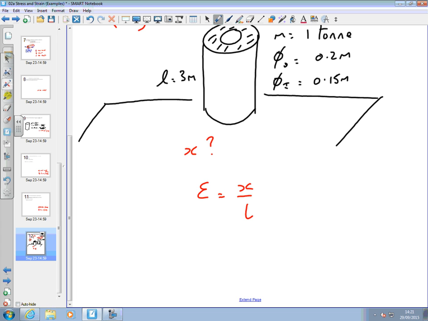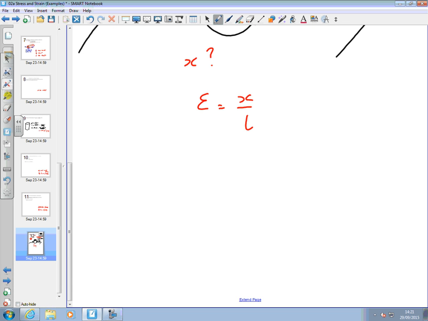I know L is 3 metres. So all I need is this strain here. So I'll rearrange this formula for x. Multiply both sides by L, and more on that next week when we look at rearranging formulae, x equals epsilon times the length. So I need this epsilon, the strain.